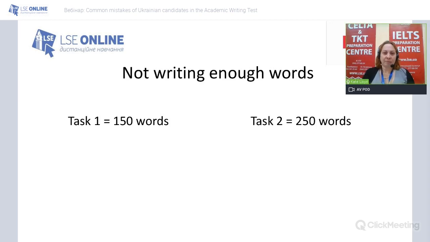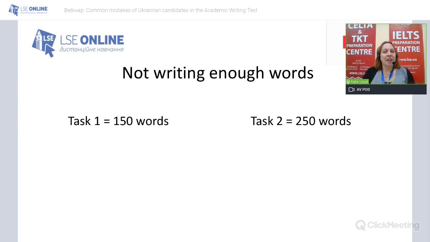How long is it? If you're on the computer-based test, how long is 150 words on the computer? What does it look like? The same with 250 words. What does 250 words look like when you write it or when you type it?